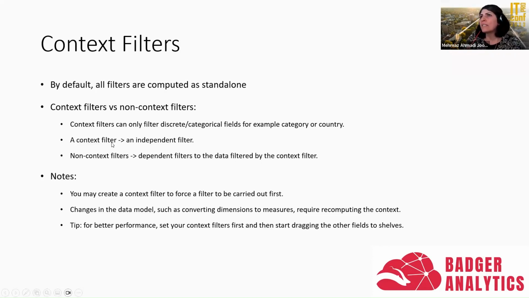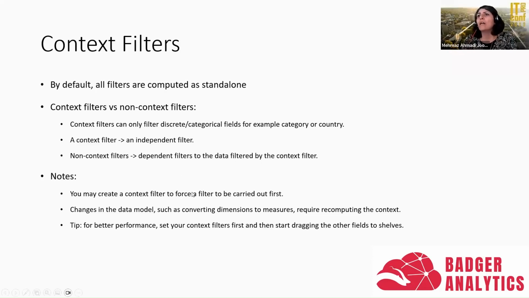Again, a context filter is independent from everything else, but all the other non-context filters depend on it. Okay. So the main reason to add something to the context is you want to force a filter to be carried out first.